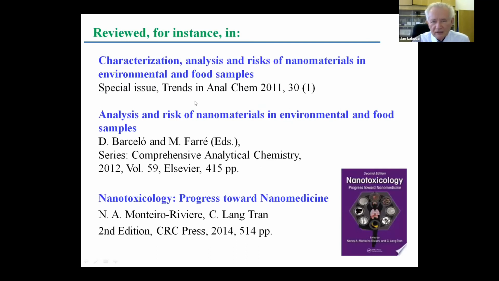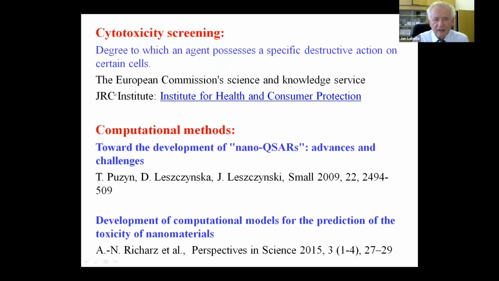I have mentioned the publication activity on this topic. Here you can see again a selection of largest reviews or book publications regarding the progress in the evaluation of potential risk properties. Cytotoxicity is a typical method considering the destructive action of nanomaterials on certain cells.